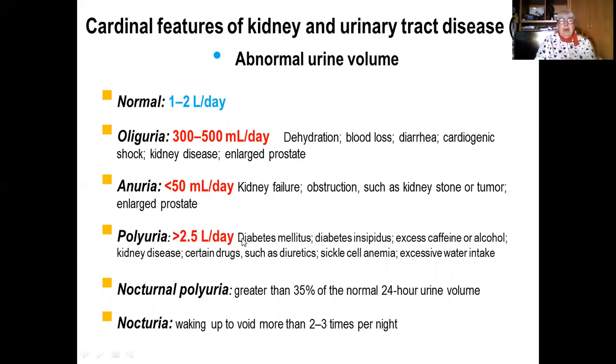And it may also occur in cases of diabetes mellitus, diabetes insipidus, or in physiological cases with excessive water intake. If urine is greater than 35% of the normal 24-hour urine volume at night, it will be nocturnal polyuria.